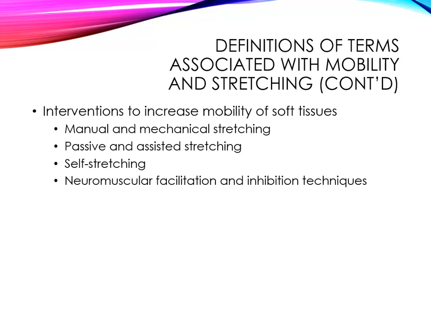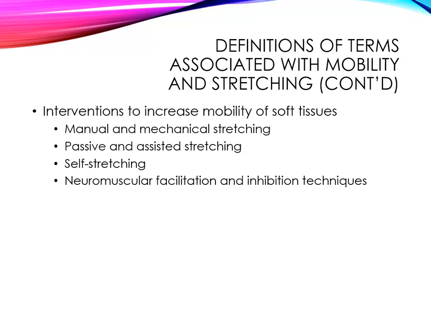Self-stretching is as it sounds. They perform stretches that you would educate them through. Neuromuscular facilitation and inhibition techniques are founded on the concept of relatively decreased tension in shortened muscles prior to or during the stretch, because the use of inhibition or facilitation techniques to assist with muscle elongation is associated with an approach to exercise known as PNF, proprioceptive neuromuscular facilitation.